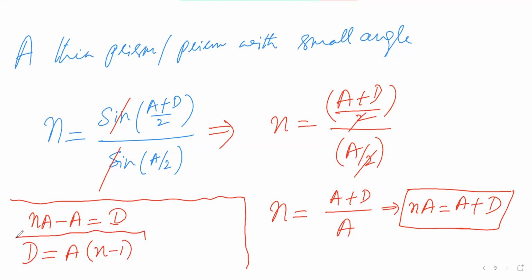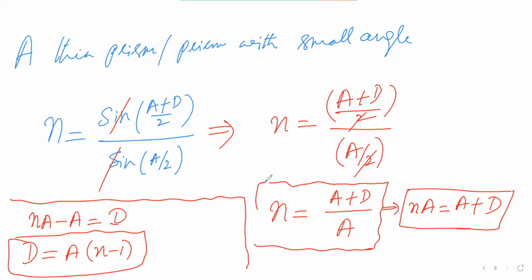This is one more important formula to find the angle of minimum deviation. Is it clear? Yes, sir. These are the different formulas useful for solving numericals in competitive exams or the board exam. You can put it in the box. Here n stands for the refractive index of the prism. I hope it is clear, right?